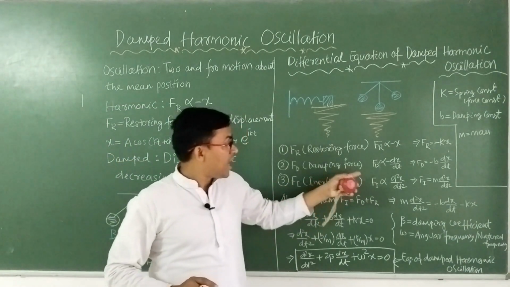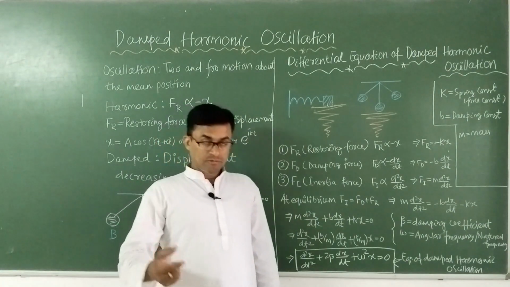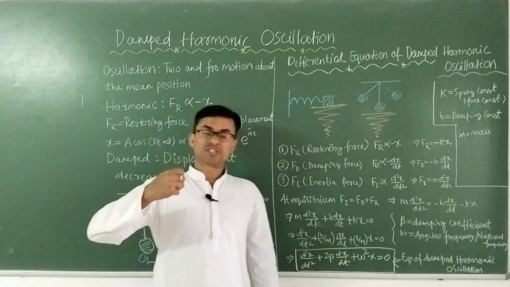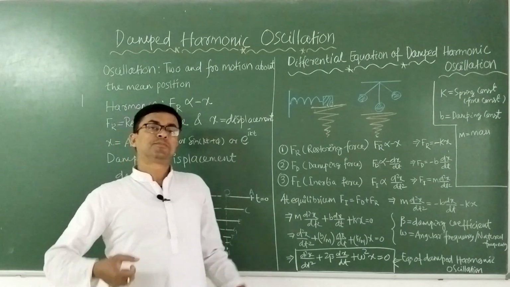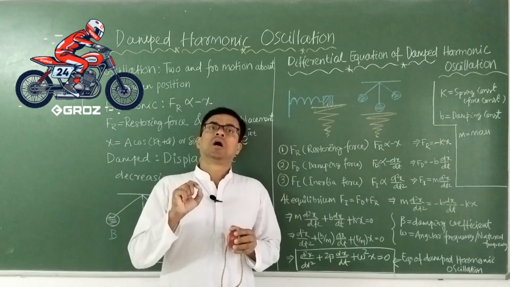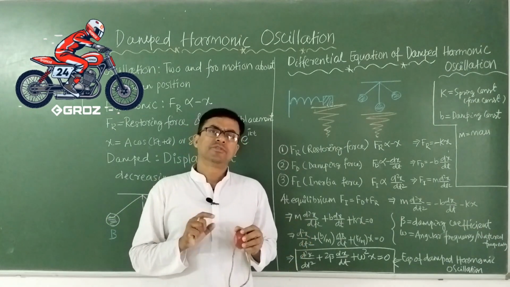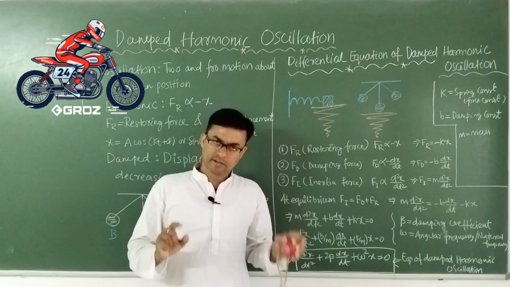And we have written the damping force is proportional to the velocity. We can understand this with a small example. Suppose you are riding a bike on the highway and your speed is 60 km/h. Then you will face some air resistance.